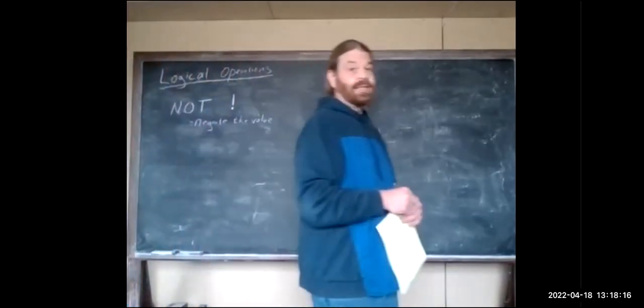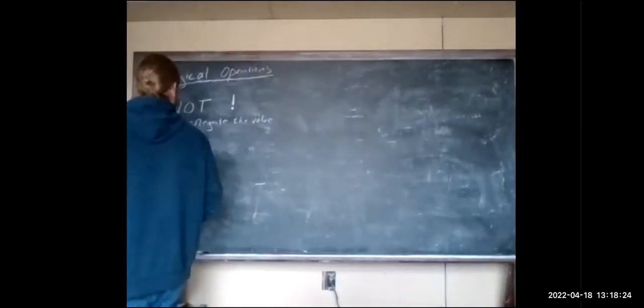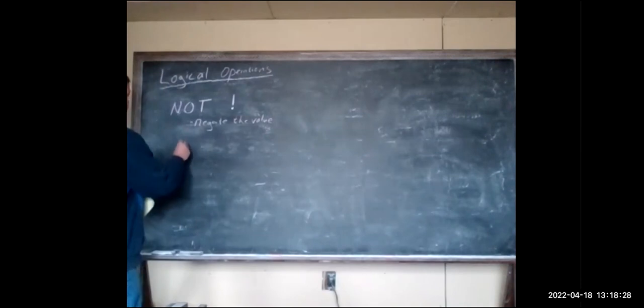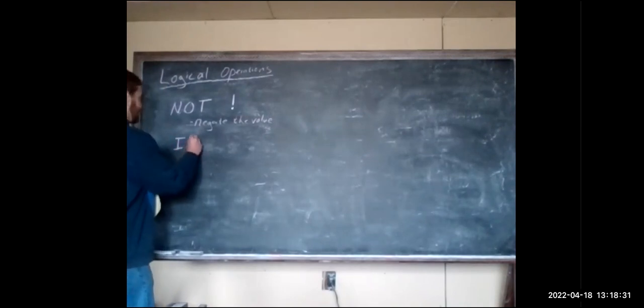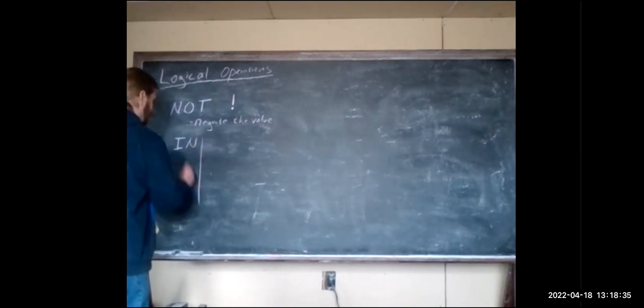To go from does to does not, is to is not. We just negate what that means. And in binary, that's just one or the other. So it's a gate that only requires one input and immediately gives us an output.